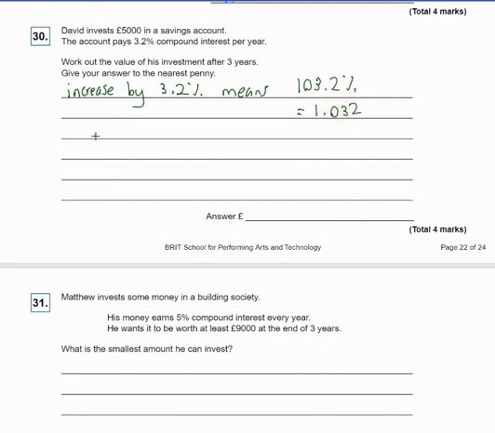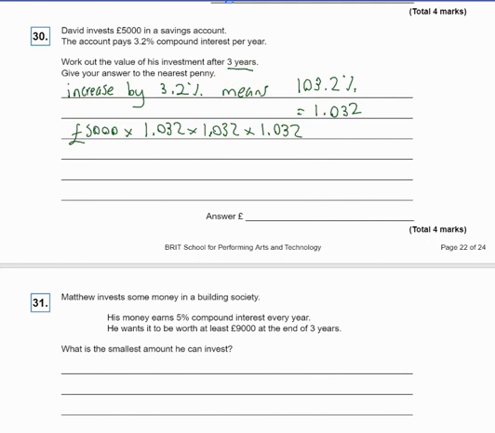So if we're increasing it and we're doing it 3 times, because it's after 3 years, our amount is going to be £5,000 multiplied by 1.032 times 1.032 times 1.032. Doing it 3 times because you've got it for 3 years.